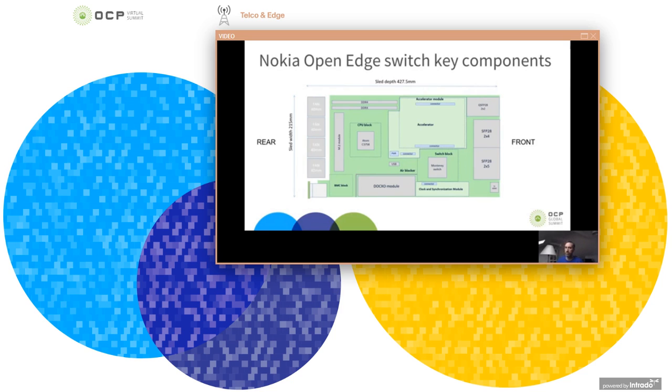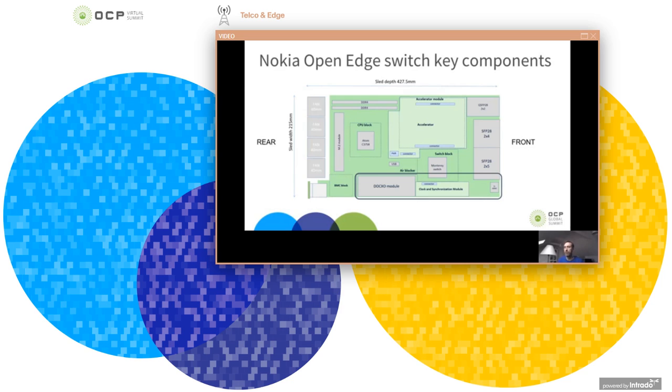The storage subsystem of the CPU block is implemented with an M.2 module that is used mostly for booting up the CPU, and also for other mandatory functions like logging and so on.